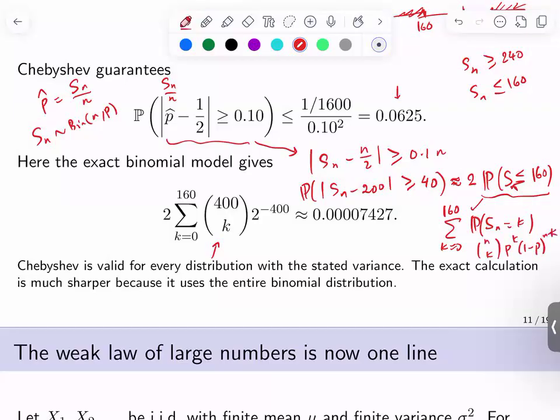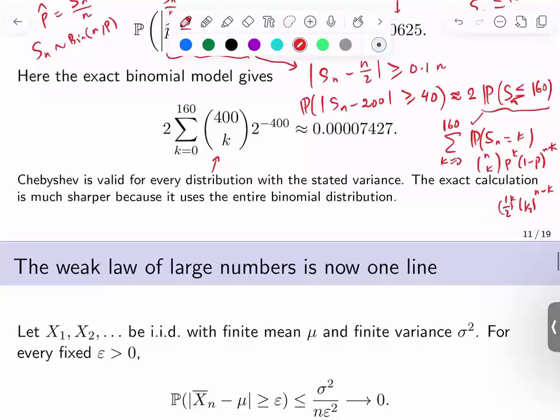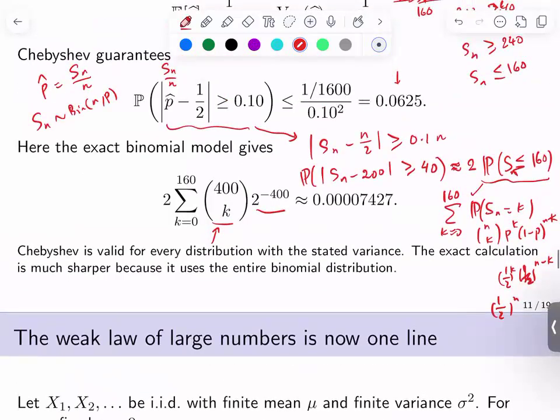Since p is the same, you get 1/2 to the k times 1/2 to the n minus k. So this simplifies to 1/2 to the n. And so you get 2 to the negative 400, and then this is just 400 choose k. And so you just have to compute this sum, and if this is correct, it would be that much. It's much better. So the concentration here is much, much better than what Chebyshev predicts.